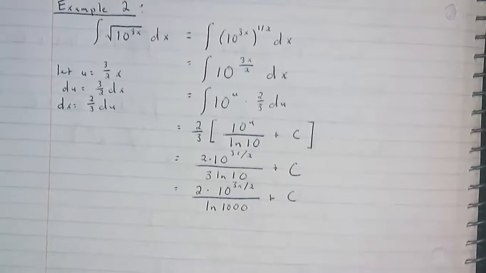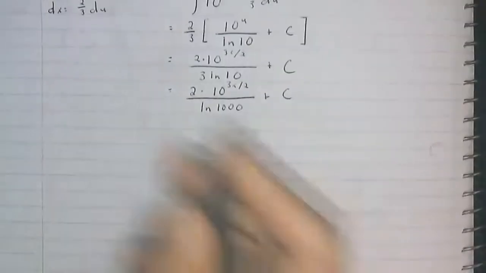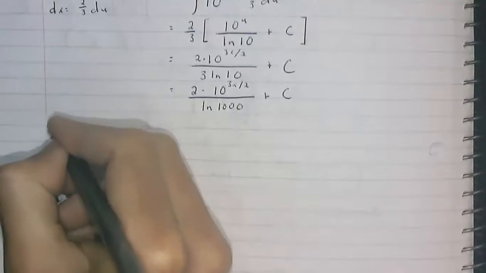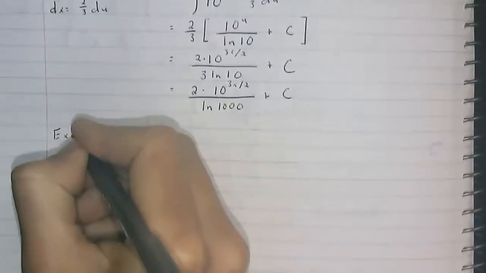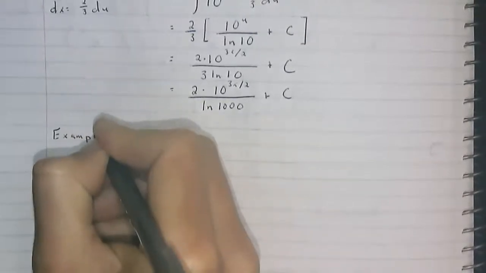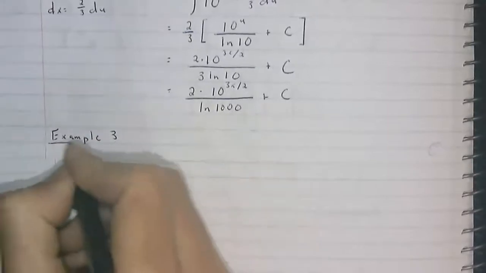All right, example 3. Now we're going to put this to use with some area. That's going to be fun. Example 3, 5.5 rather.